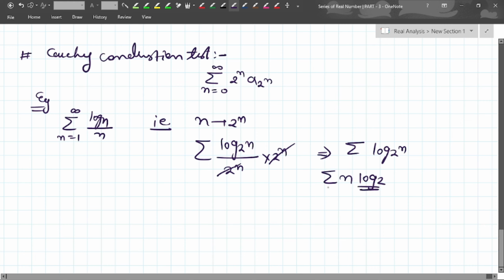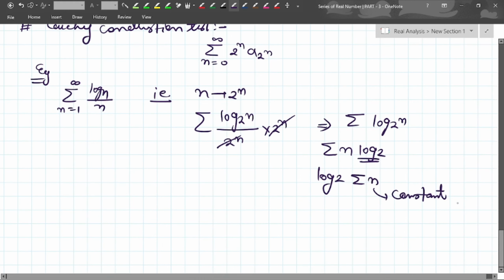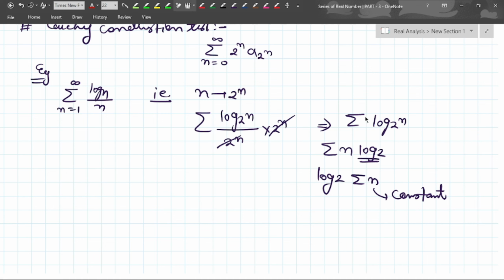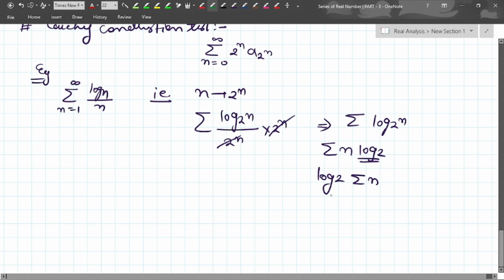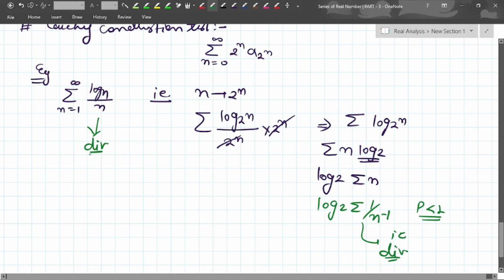This is a constant, so take it outside, then it is log 2 times summation of n, which is a constant series. Then you can write it as 1 upon n power minus 1, and here p is less than 1, which means that it is divergent. If it is divergent, then the original series is also divergent.